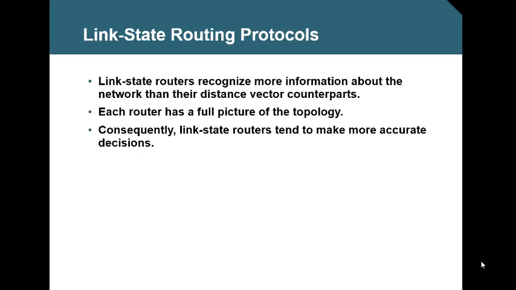They can immediately take a decision to forward the packet using the alternate path, the other path, immediately, because they don't need to query or wait for a response. So fast converging protocol is OSPF.